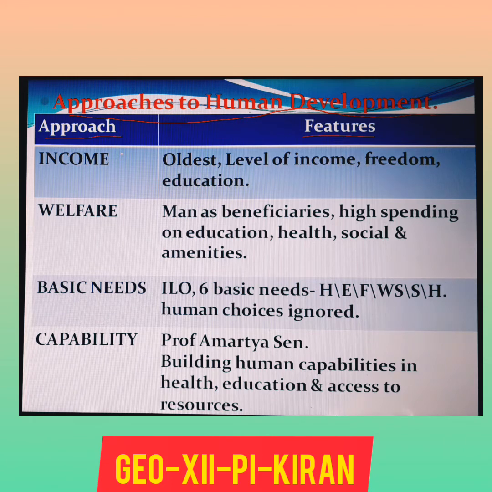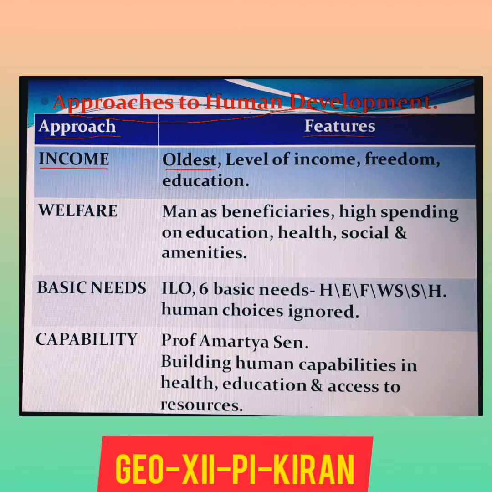The country may have different approaches of having higher human development. The countries may select any one or all four approaches depending on the cultural and natural resources available in the respective countries. The first one is the income approach.